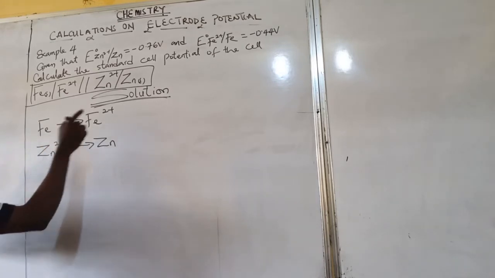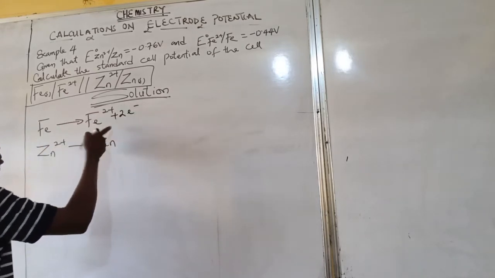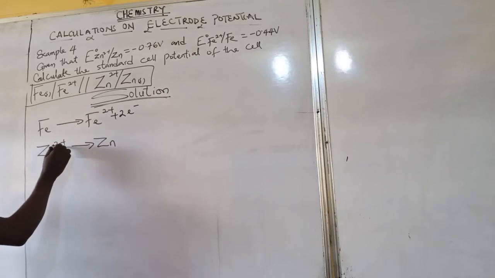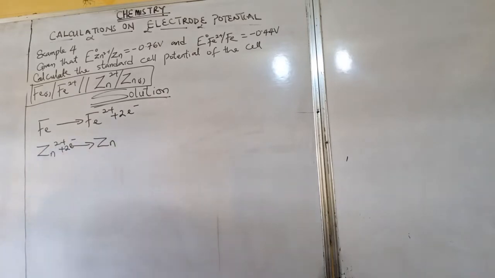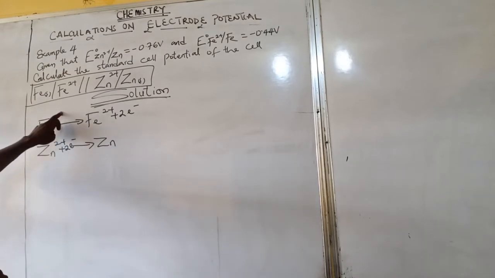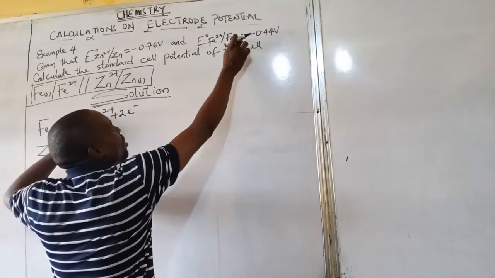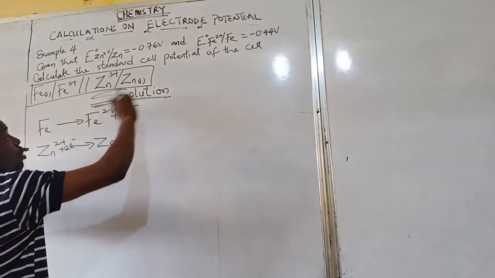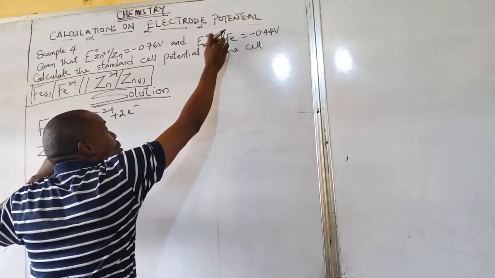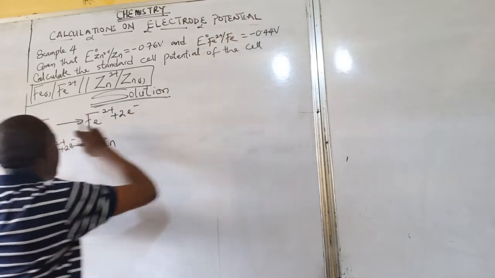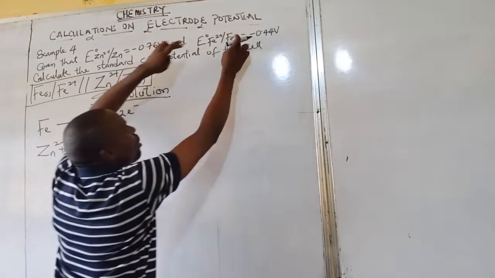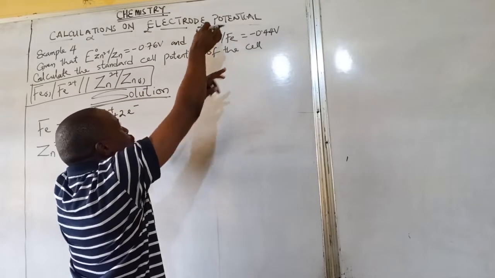Now, this one is plus 2e minus, and then this one also plus 2e minus. So it's simple. For oxidation, we have to turn this one, because here it was Fe2 plus to Fe, and here it is Fe to Fe2 plus. So we have to turn this one to become Fe to Fe2 plus.